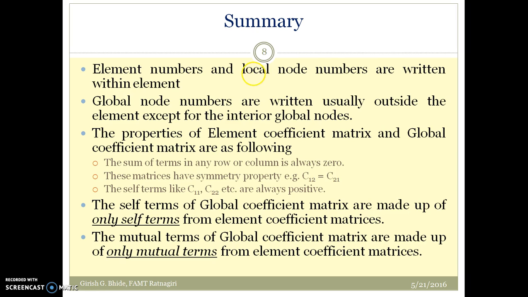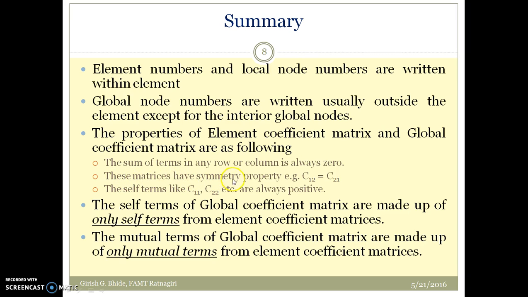Let us summarize. Element numbers and local node numbers are written within the element. Global node numbers are written usually outside the element except for the interior global nodes. The properties of element coefficient matrix and global coefficient matrix are as following. The sum of terms in any row or column is always 0.